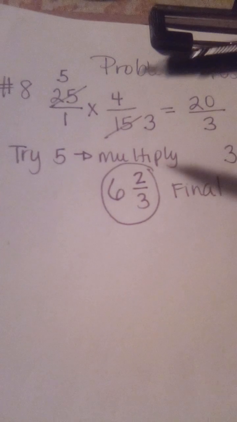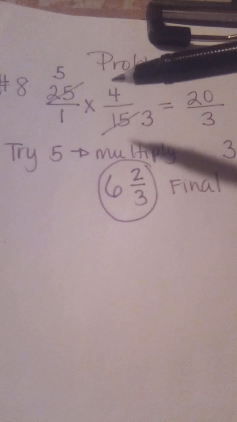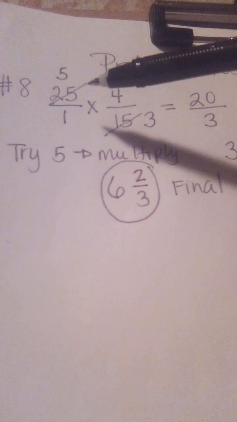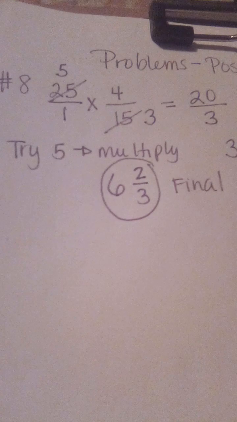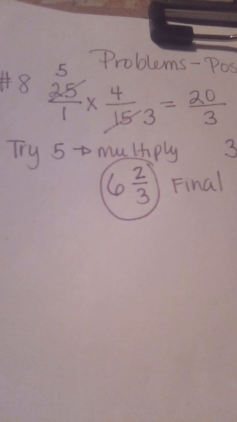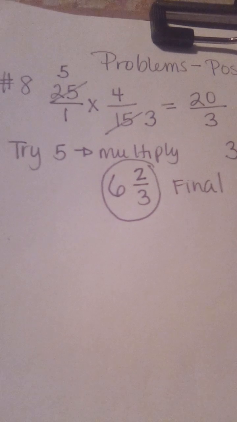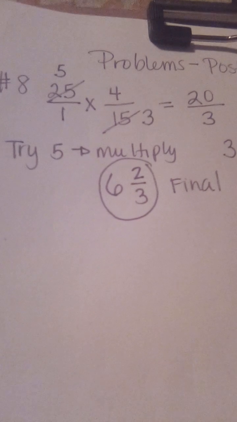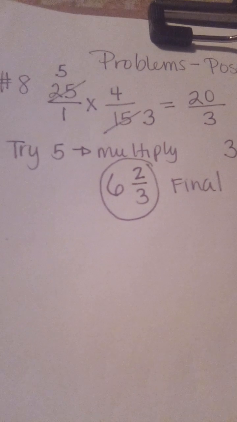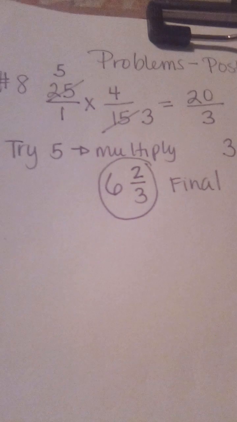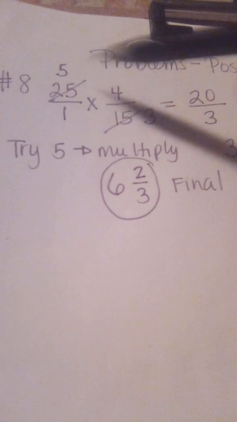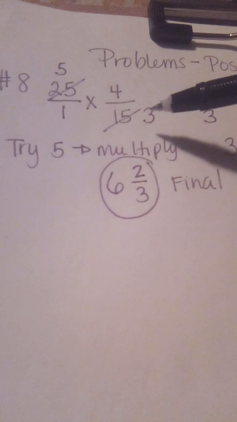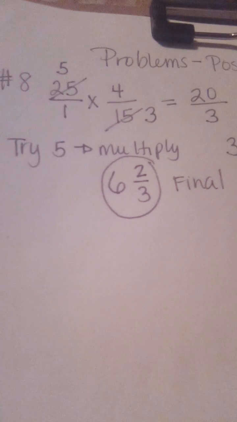So when you see this problem, you see the whole number, put it over 1. Then ask yourself this question: are there any numbers that we can reduce right off the bat? Yes, 25 and 15. And one number that we divide evenly to reduce the numbers further? 5, right? 25 divided by 5 gives us 5. 15 divided by 5 gives us 3.